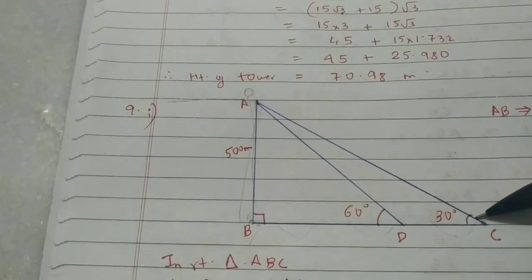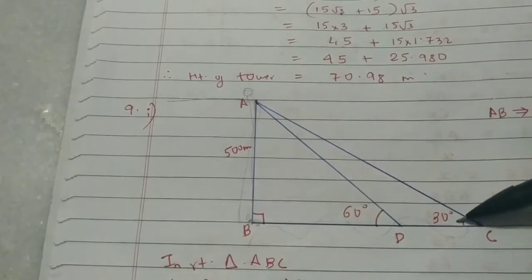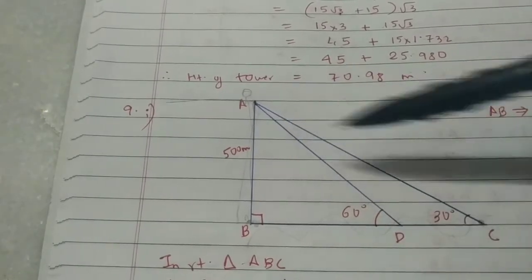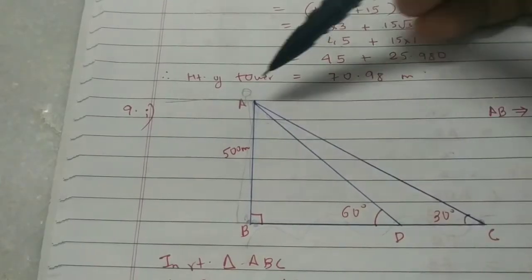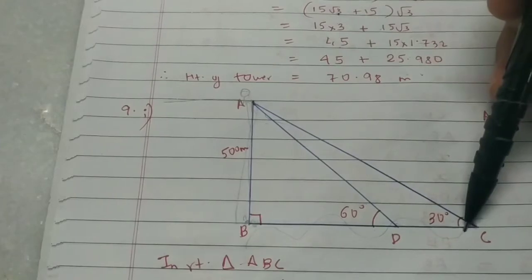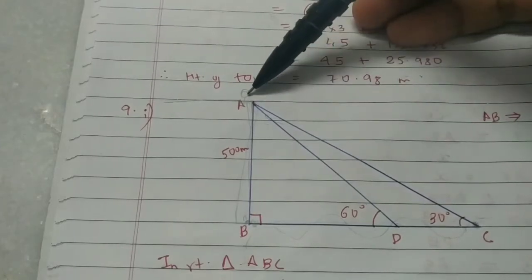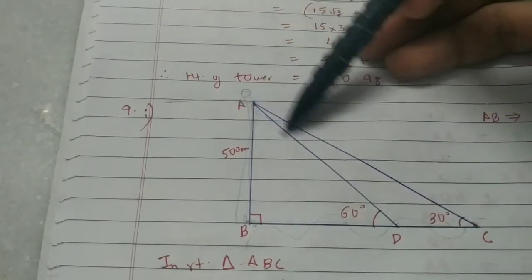Initially, the angle of elevation was 30 degrees and now it is 60 degrees. When I say angle of elevation from point C, it is same as saying angle of depression from point A. So angle of depression for your friend is 30 degrees and later it is 60 degrees.